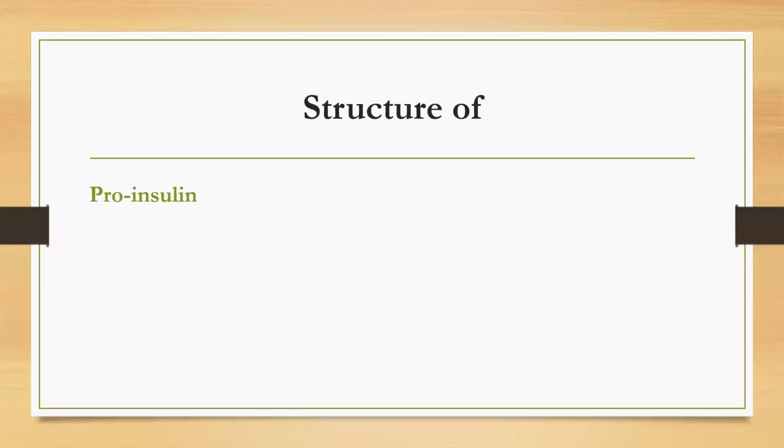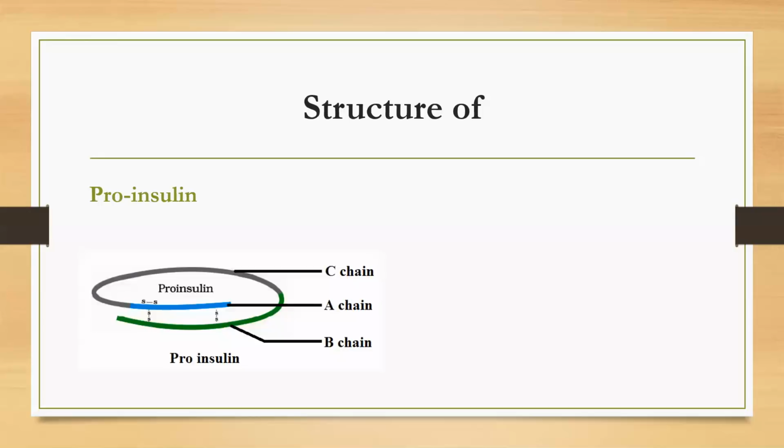Let me explain the structure of pro-insulin first. So this is the diagram of pro-insulin. As I told earlier, this is a primitive form of insulin. This is not the functional protein. Here the pro-insulin is made up of 3 polypeptide chains. In the diagram you can see one is A chain, another one is B chain, another one is C chain.